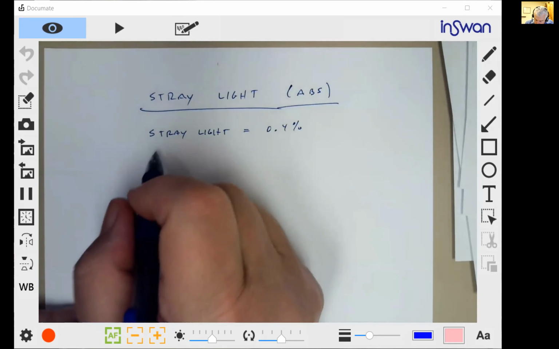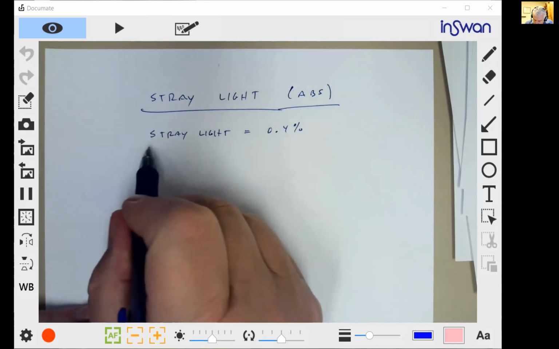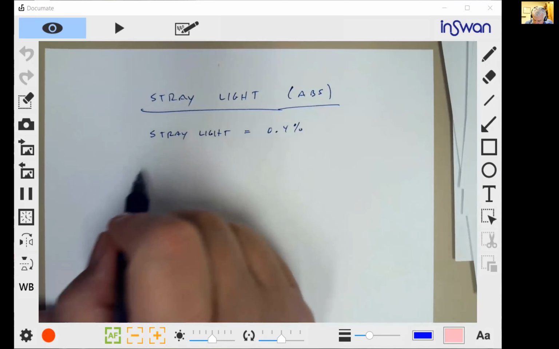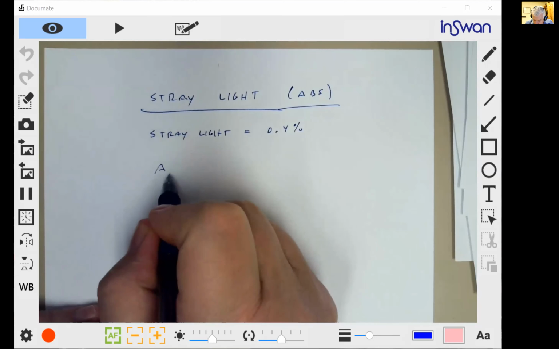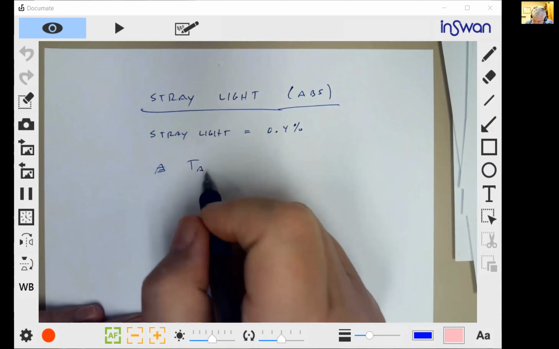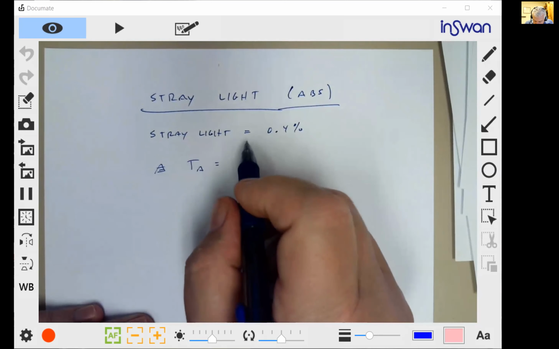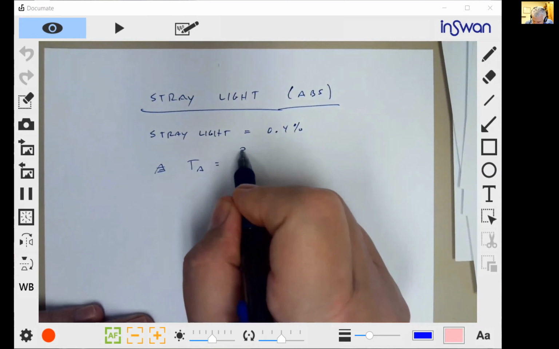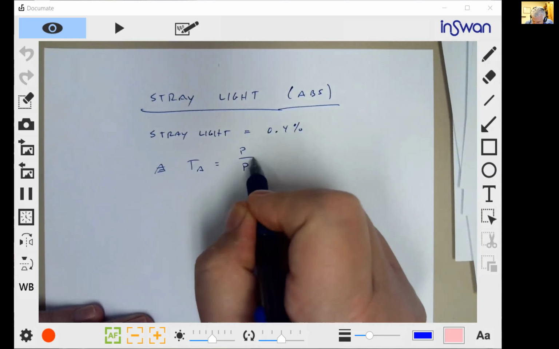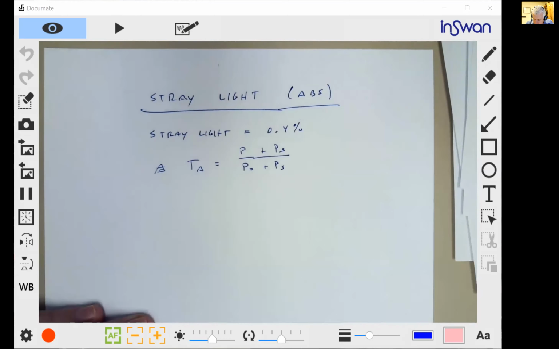Okay, so that we can basically go to an apparent absorbance, I'm sorry, let's start with apparent transmittance. T sub A for apparent, and that is going to equal P over P0, plus PS in the numerator and plus PS in the denominator, right?